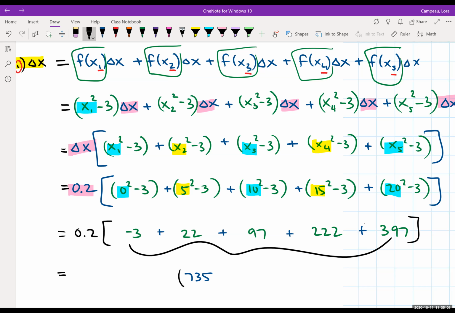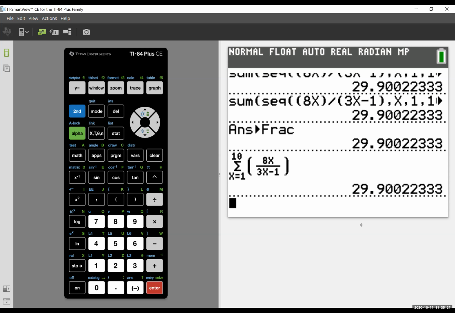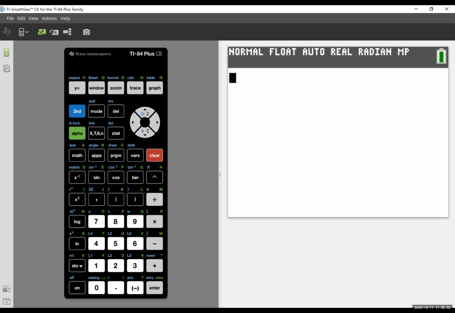And then all you do is use your calculator to multiply that by 0.2. So let's double check that really quick. I feel like I have it written down somewhere, and I've done this problem a lot of times, but I just want to verify with you. So all I'm doing, really quickly, is adding those terms. And I'll show you a shortcut in a second, so that you can do these together. So I have -3 plus 22 plus 97 plus 222.